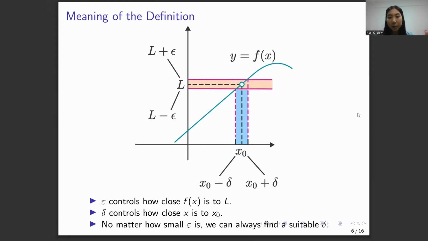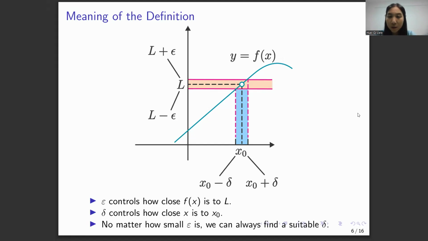So let's use the diagram to understand the epsilon delta definition of a limit. On the horizontal axis, we have the input x, and on the vertical axis, we have the output f(x).